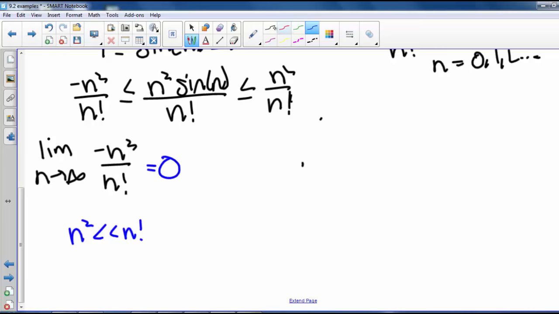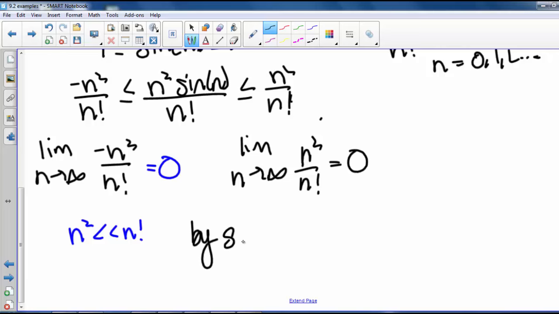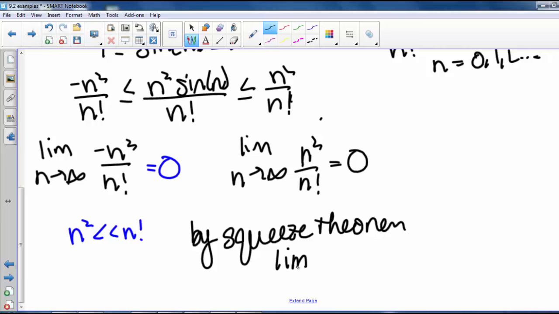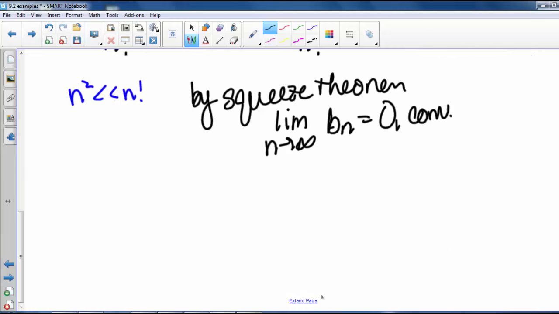And on the other side, the limit as n goes to infinity of n squared over n factorial, again using growth rates, this one equals 0. So by the squeeze theorem, we have that the limit as n goes to infinity of our sequence b sub n equals 0 and converges.